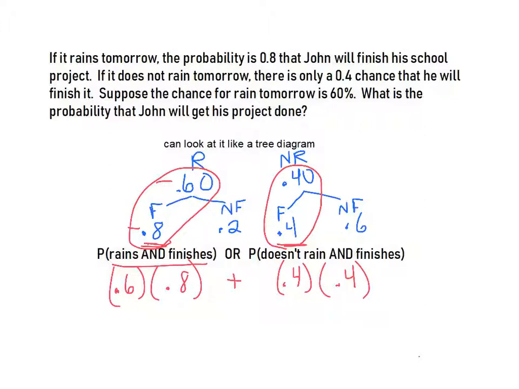So you can do the tree diagram if you want. I typically just write this out and go ahead and type that in. I told you I wasn't going to do all this, but I can't help myself. Okay, there's my probability that he actually finishes his project tonight.